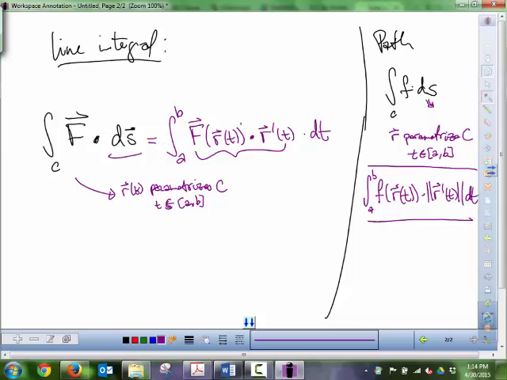Otherwise, you still need to parameterize this. You need to run through and see what happens all the way through, unless there's something special about the vector field. No, not quite. You still have to dot that. So that wouldn't be the case for that.